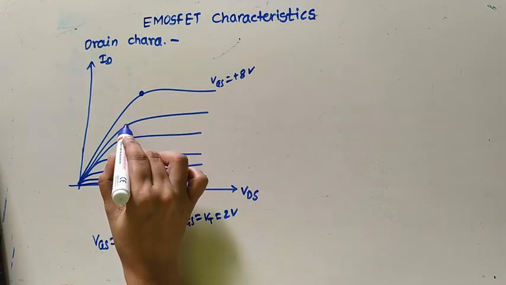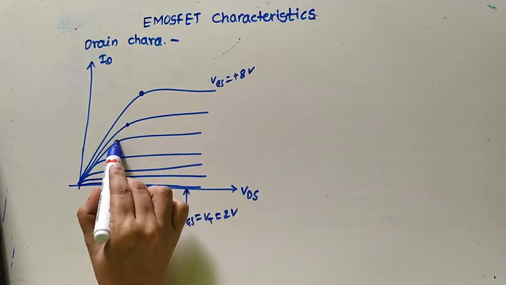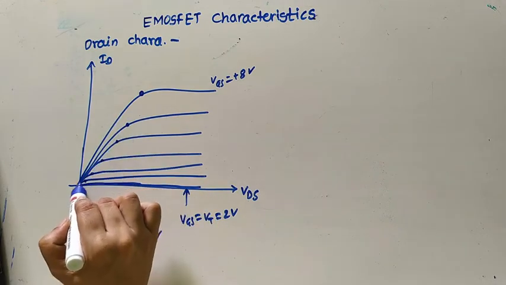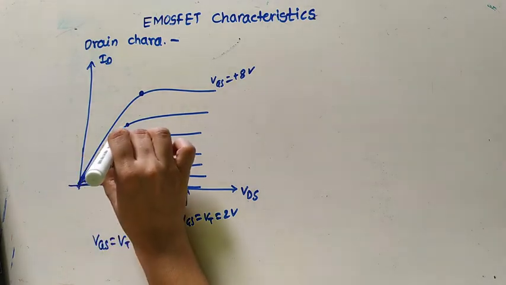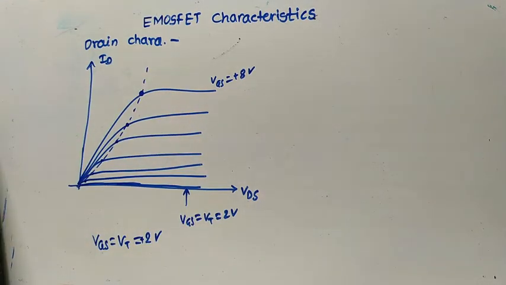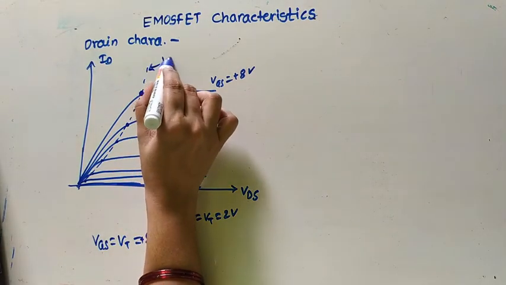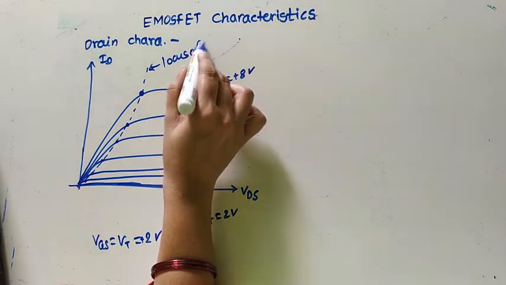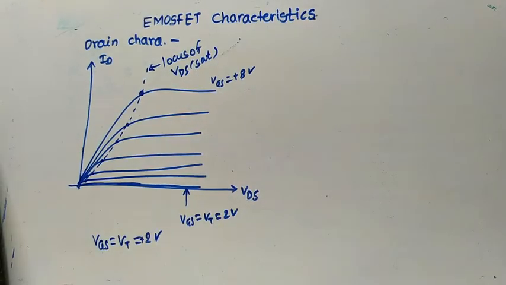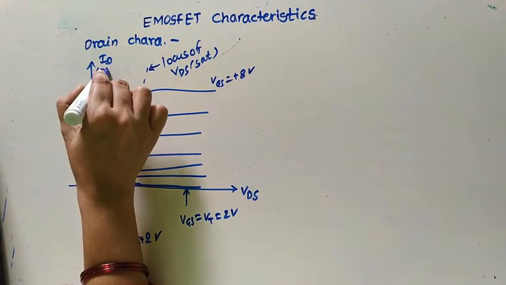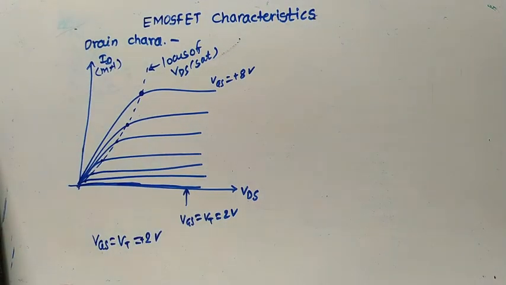In this case this is VDS sat, and if we connect all these points we will get a locus. This is called the locus of VDS sat. The ID is generally given in milliampere. So this is the drain characteristics of E-MOSFET.